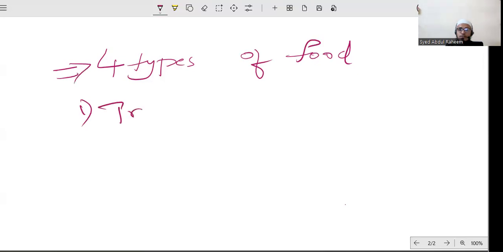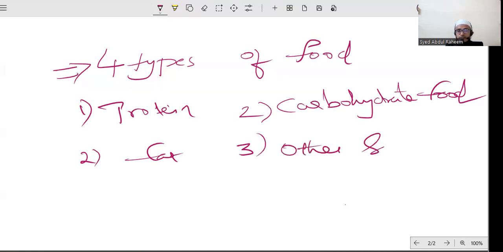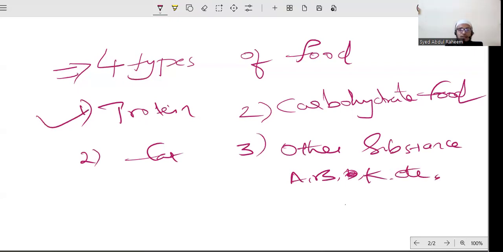One is protein, one is fat content of food, second one is carbohydrate food, and third one is other substances like vitamin A, B, D, K, etc. So protein, fat, carbohydrates, and other substances.